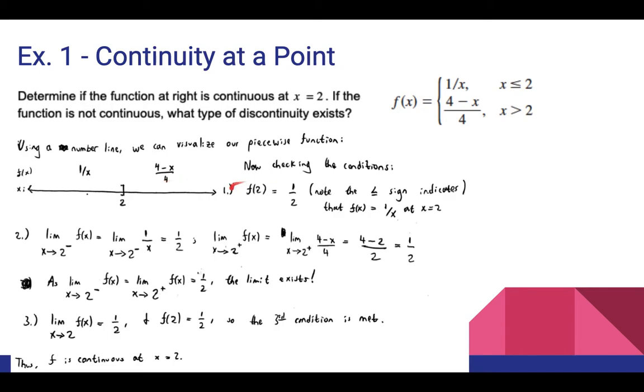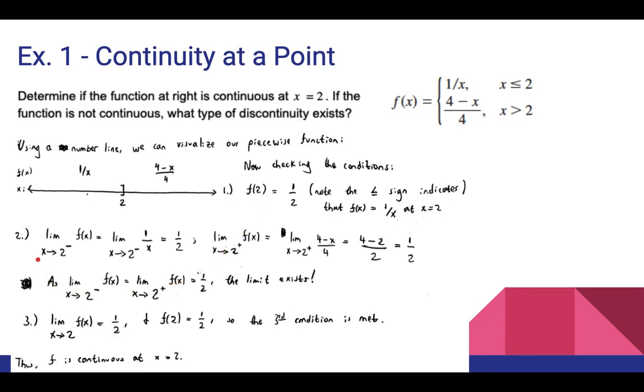So the first condition we're going to check right here is whether f actually exists at x equals 2, which means we just plug x equals 2 into 1 over x, okay? Which is just going to give 1/2. So we see that we have no problems here; the first condition is met.